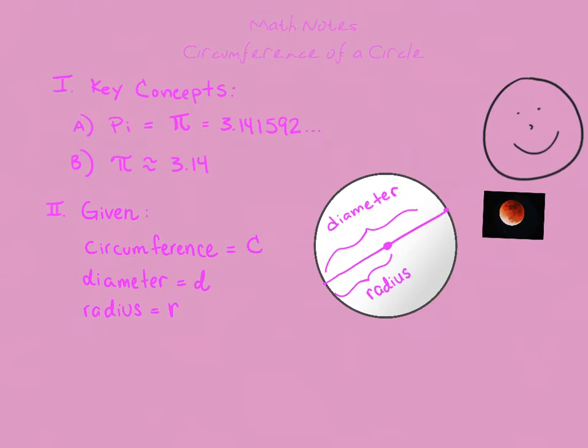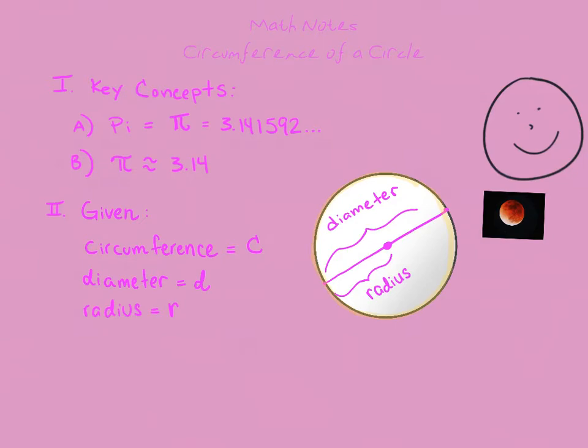And remember the circumference, just to review, is the distance all around the circle. That's the circumference, and that's exactly what we're going to be solving for, that actual distance.